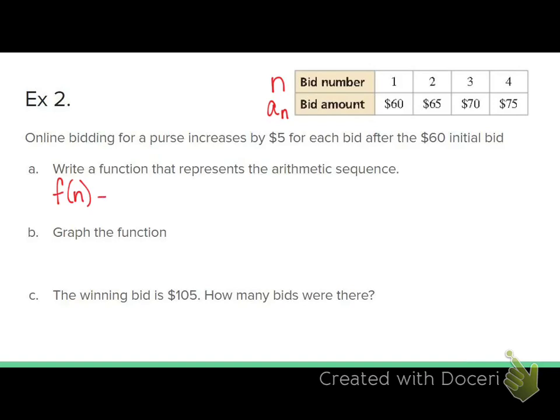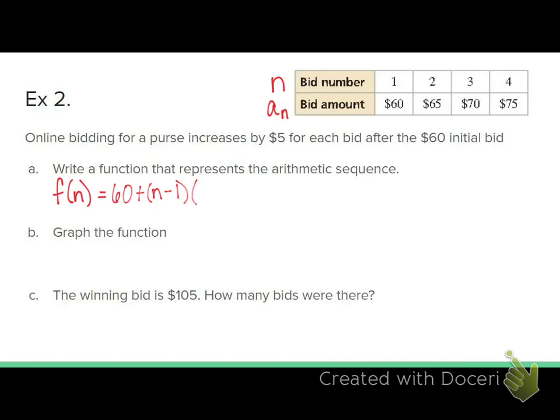So, f of n equals, what's my a sub 1? 60. The first term is 60. Plus, we are doing an equation, so we're leaving n as n, kind of like when we're doing an equation, x stays x.